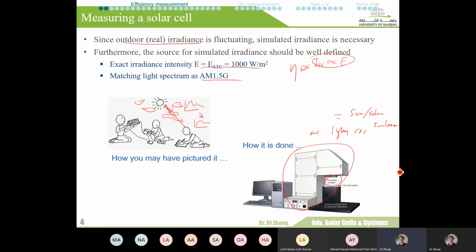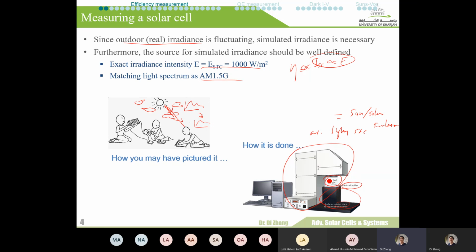Then I just want to point to something here. Typically we have to follow a lot of small requirements in the indoor measurement to make the measurement as precise as possible. For one thing, you can notice that this is the solar cell holder for the solar cell to be tested. For the surface below the solar cell, we actually painted it black, so that we have minimum reflection.